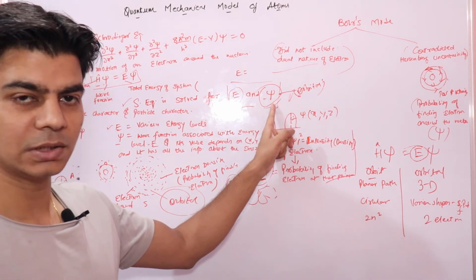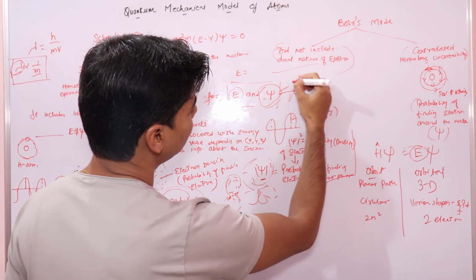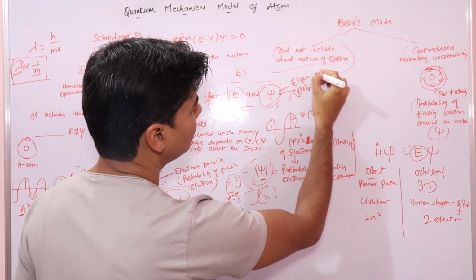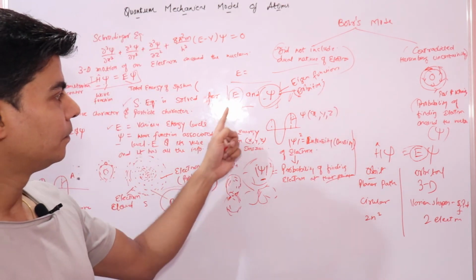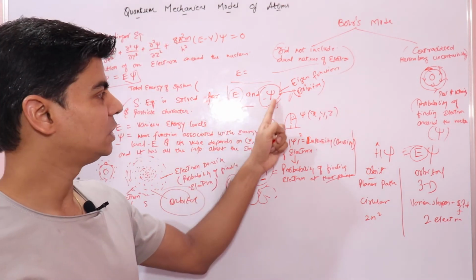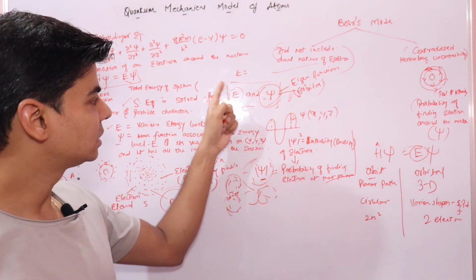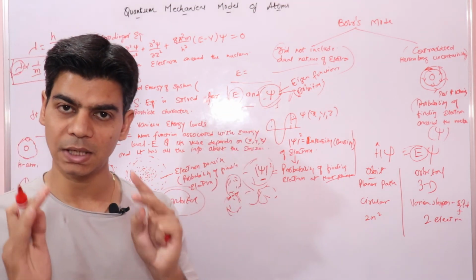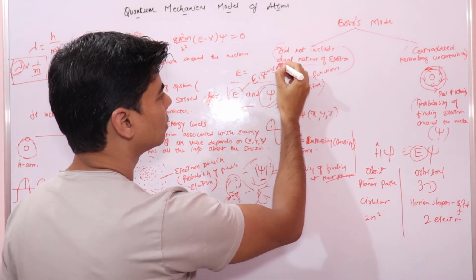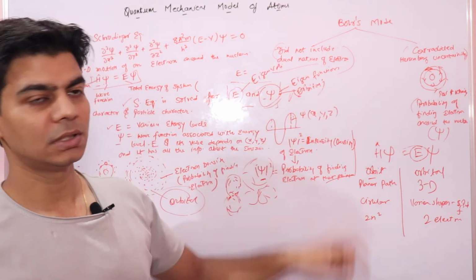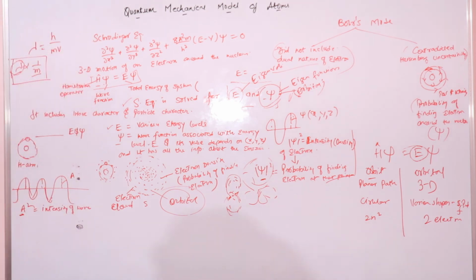These are wave functions. For every energy level you have an associated wave function. The value of this energy level is your eigenvalue, and the associated wave function is your eigenfunction.